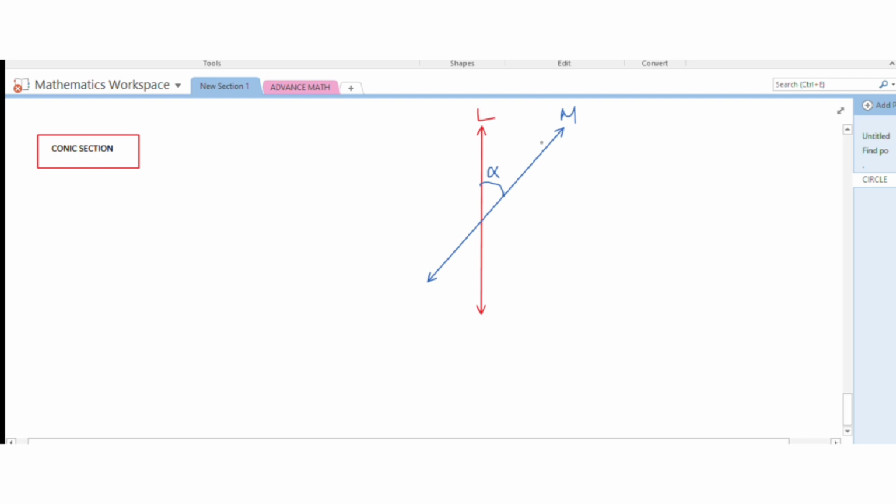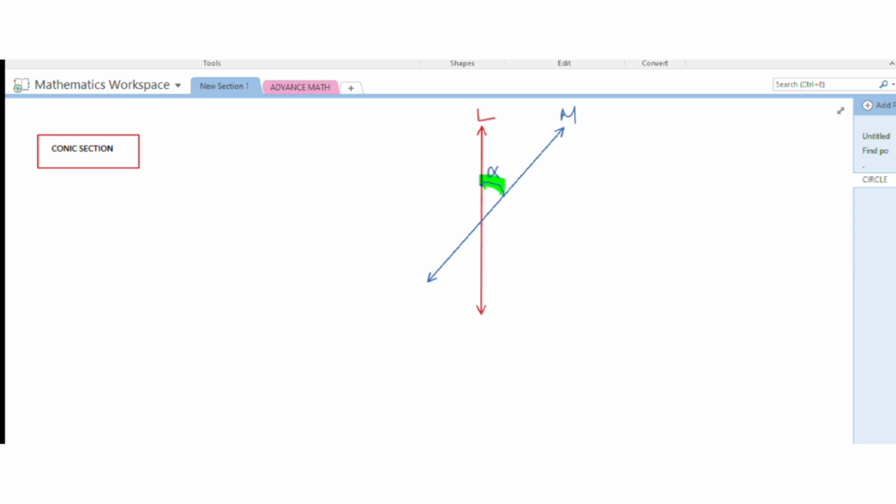Now what is the purpose of doing these things? If M rotates about the fixed line L, then a double napped cone will be generated. That's why M is called a generating line. M will rotate at the angle alpha with respect to L. So what kind of figure will it generate? It will generate a double napped cone. So how does the double napped cone look?